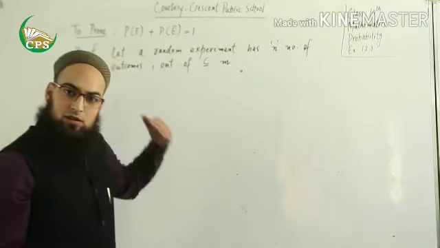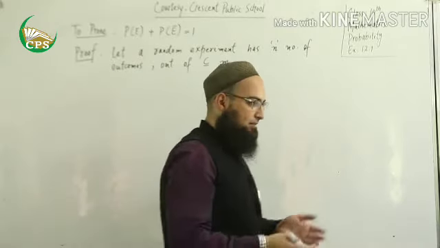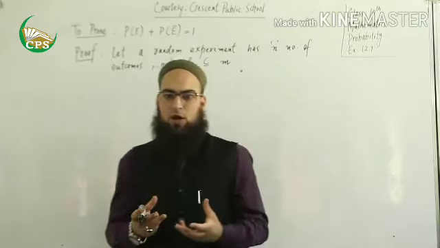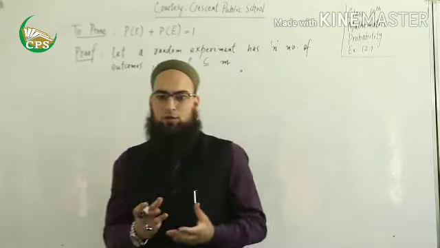We just learnt yesterday that there are favorable number of outcomes and there are total number of outcomes. The probability is the number of favorable outcomes to the total number of outcomes.